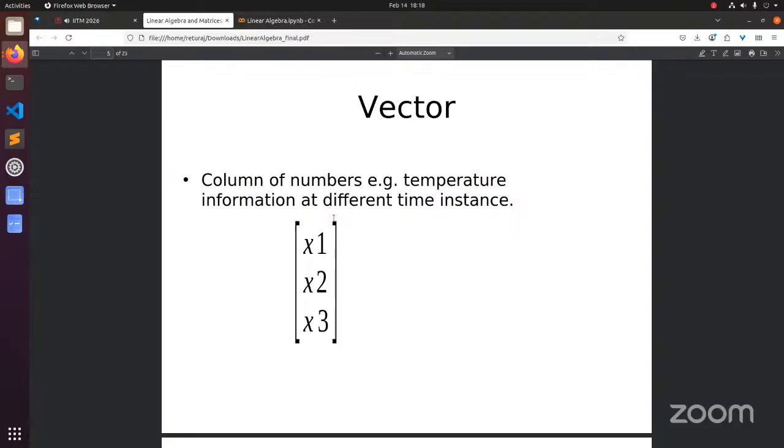And a vector, you can think of as multiple scalars arranged in some order to describe some quantity.